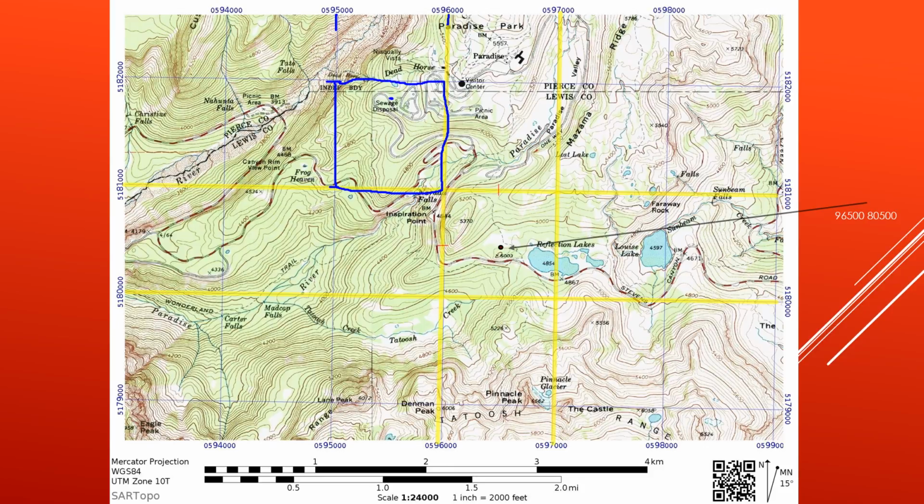So I'm going to make my 500 mark right about there. So we notice, first of all, that our easting is pretty easy. It's right on the 500 mark, so 95,500, and our northing is going to be 81.